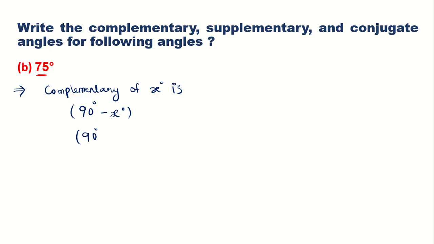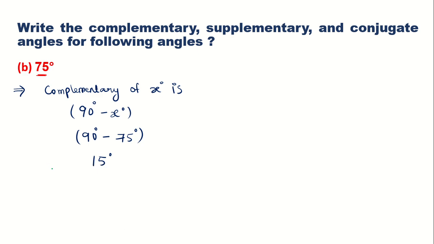So, what is x degrees in this? 75 degrees. How much is 90 minus 75 degrees? It is 15 degrees. Okay.